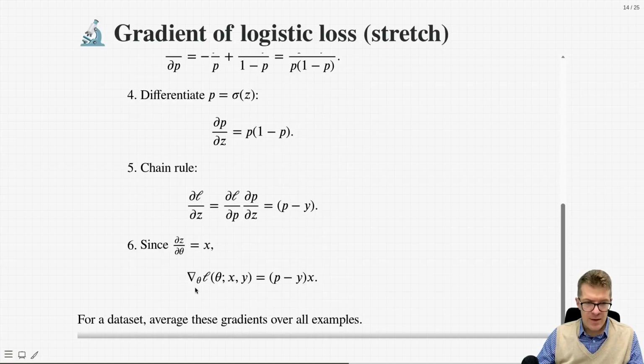So anyway, the gradient of my loss function with regards to my parameters, which is what I care about in the first place, is again applying the chain rule. So applying the differential of L with regards to z times the differential of z with regards to theta will give me the differential of L with regards to theta, which is just p minus y times x, and this is the quantity that I was after in the first case.